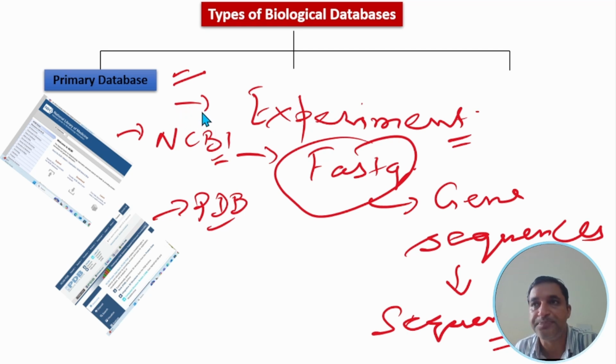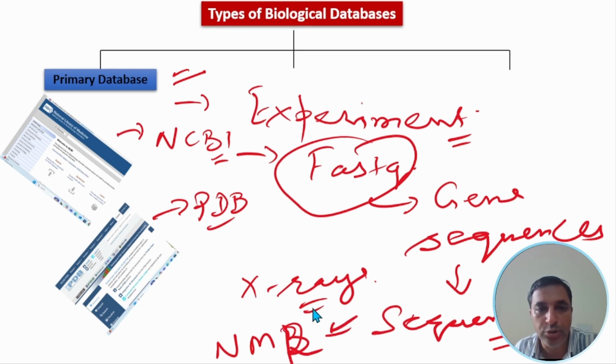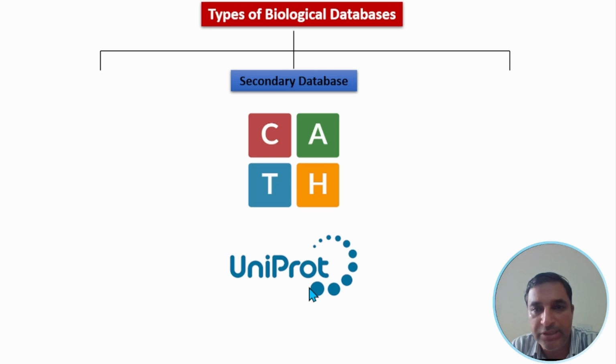In addition, the results obtained from X-ray crystallography experiments will also be stored in certain kinds of databases which store such information. Your NMR data is also a sort of primary database. The second kind of biological database is the secondary database.